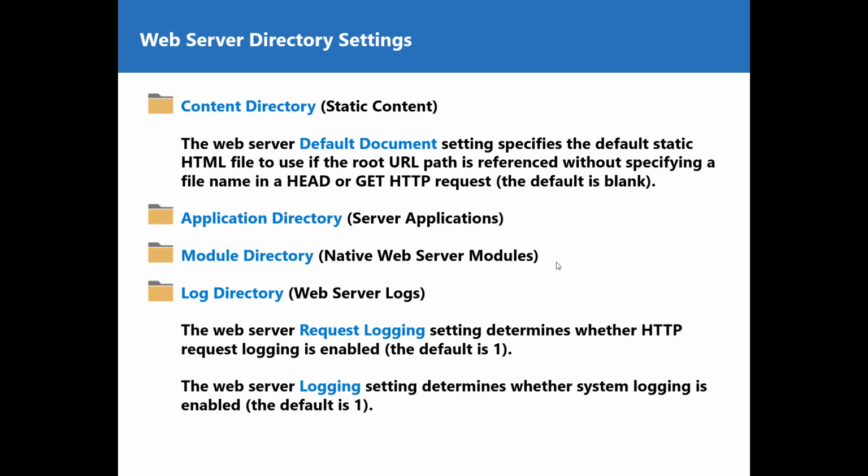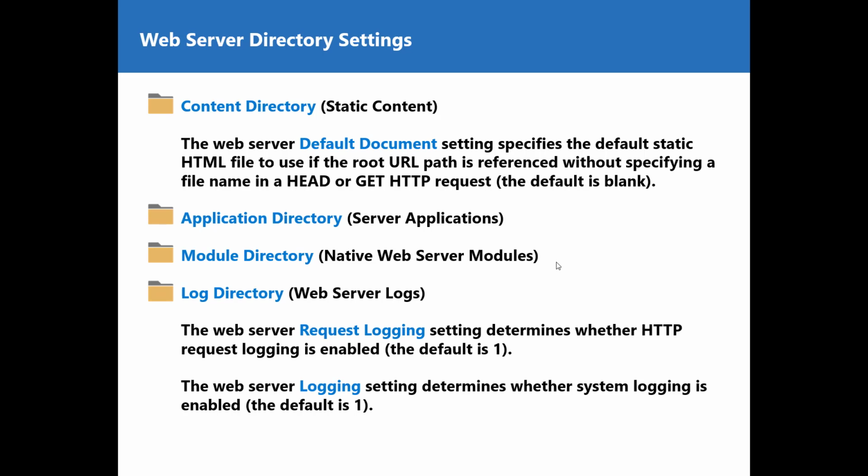In addition to the content directory setting, the web server also has a default document setting that specifies the default static HTML file to use if the root URL path is referenced without specifying a file name. And this only applies to header and get HTTP requests.